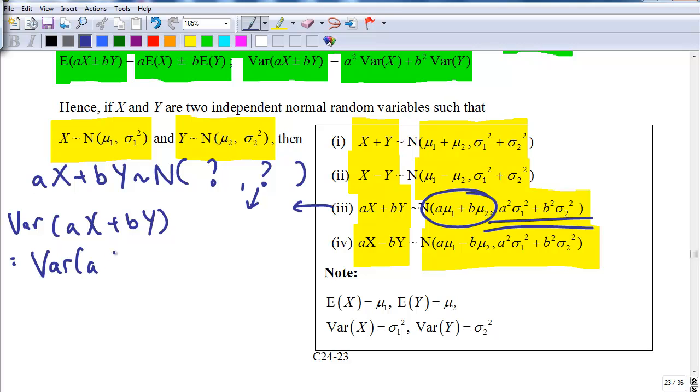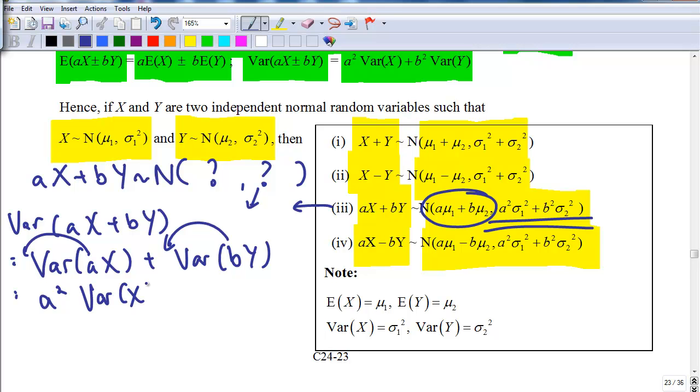I'm going to split them. Then I'm going to take the a out and the b out. Okay, then I will get a squared variance of X plus, take out b, b squared variance of Y. And what is the variance of X? Sigma 1 squared, so a squared sigma 1 squared, and then b squared sigma 2 squared. Done.